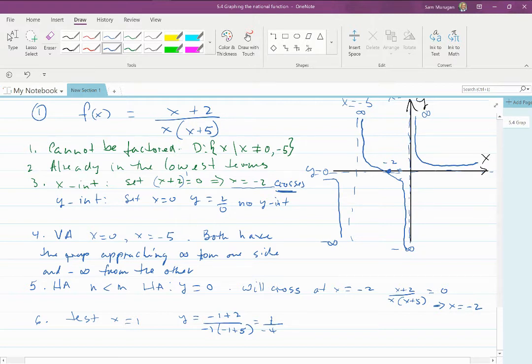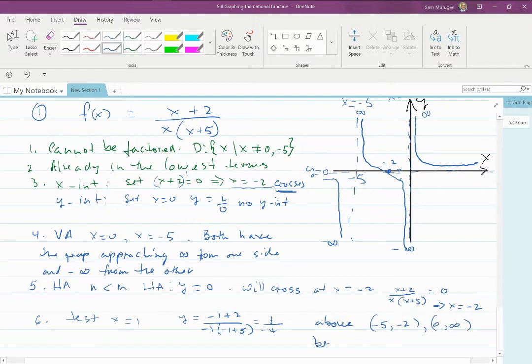So if we're writing intervals here, it's above from -5 to -2, and from 0 to infinity.